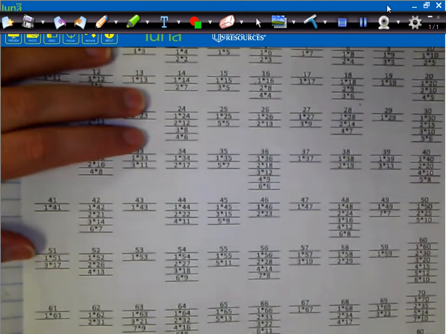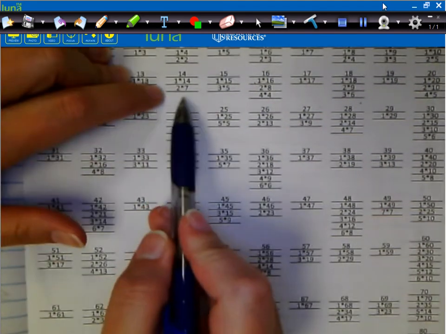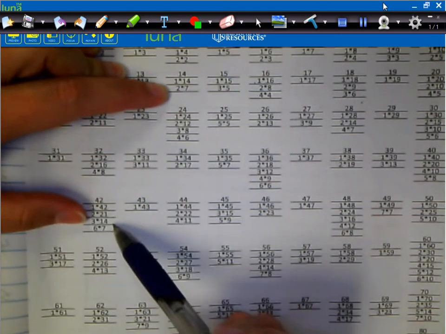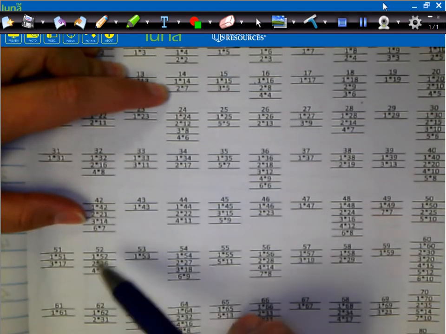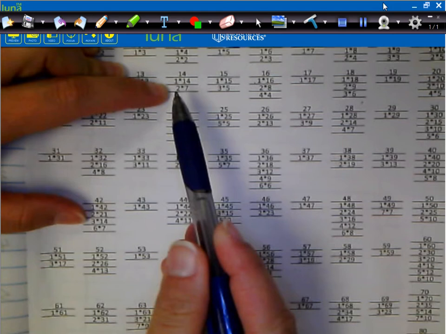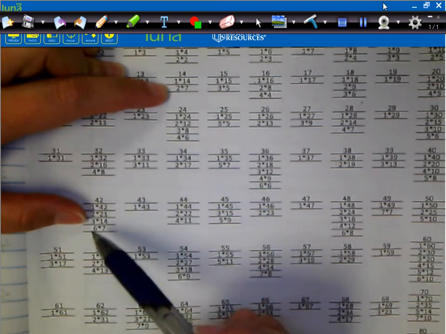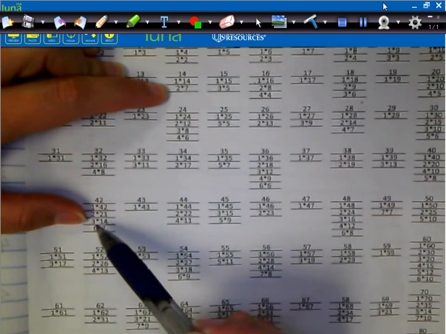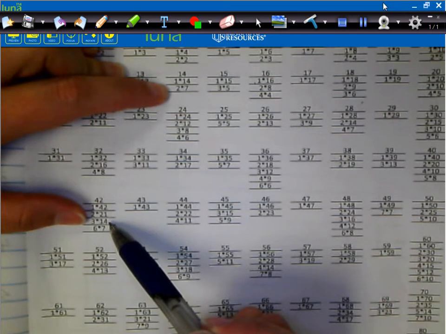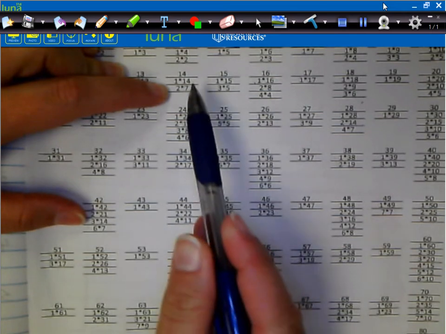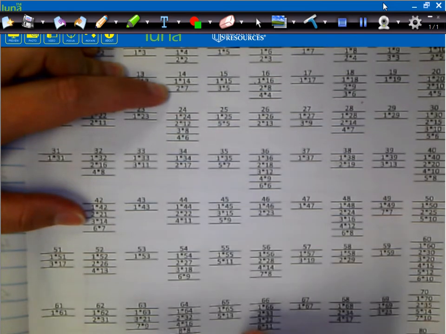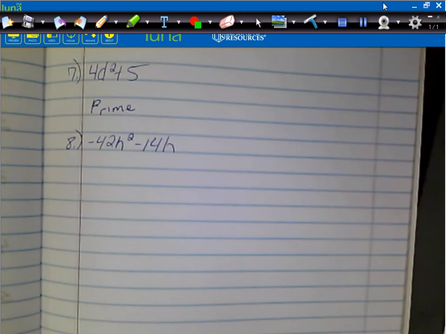So I'm looking at 14, which is right here. I'm looking at 42, which is right here. I see a 1, a 2. This one has 1, 2, 7, and 14. This one has 1, 2, and 14 of those. So 14 is my GCF here because there's a 14 here and there's a 14 here. So 14 is my GCF, so I'm going to take out a 14.